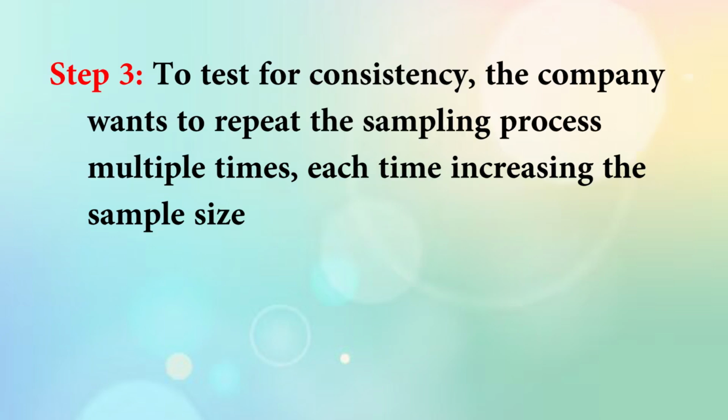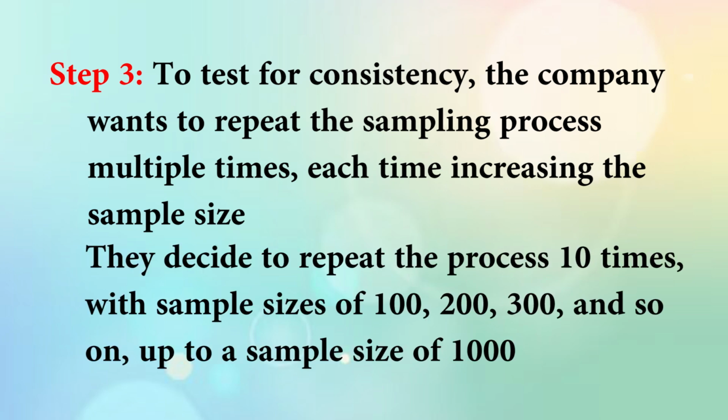In order to test for consistency, the company wants to repeat the sampling process multiple times, each time increasing the sample size. They decide to repeat the process 10 times with sample sizes 100, 200, 300 and so on, up to a sample size of 1000.